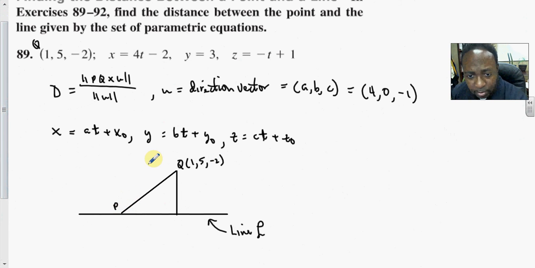What's a point on the line? Well, take the initial point: -2, 3, and then 1. Right? It's the x naught, y naught, and z naught.